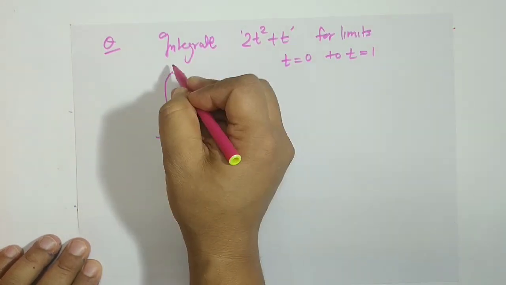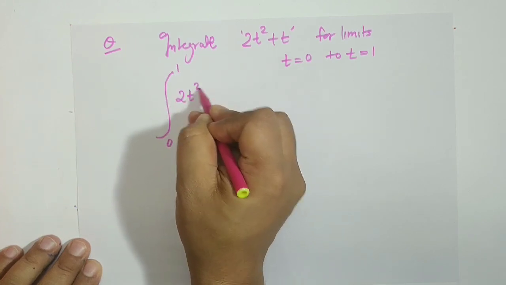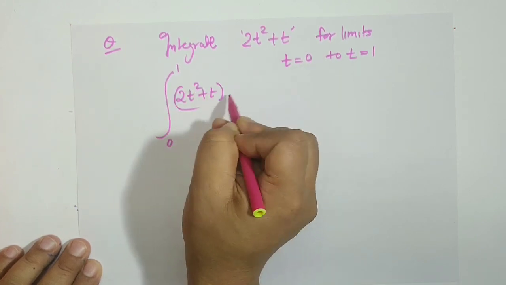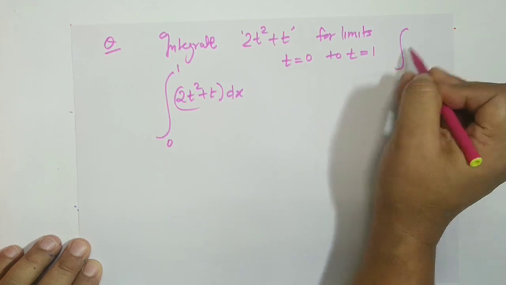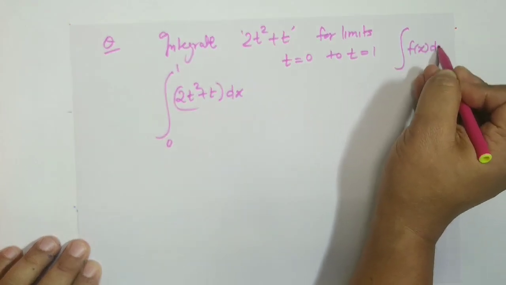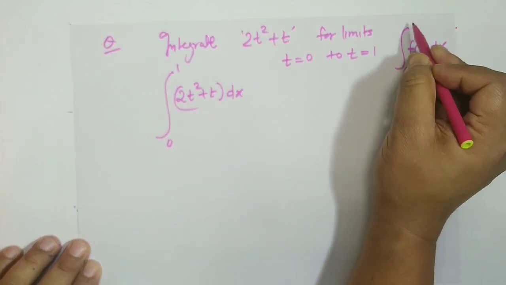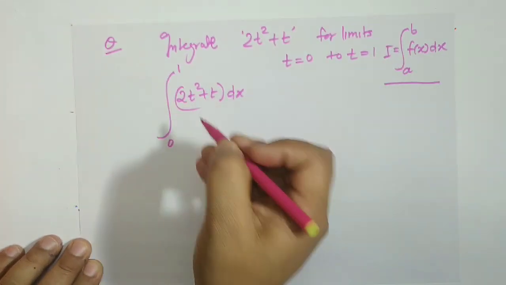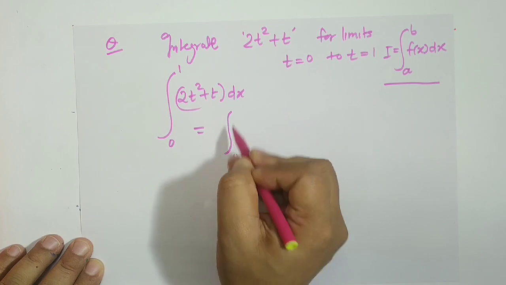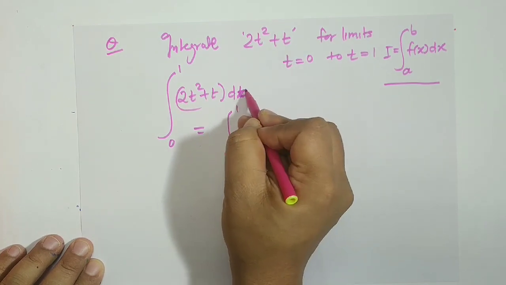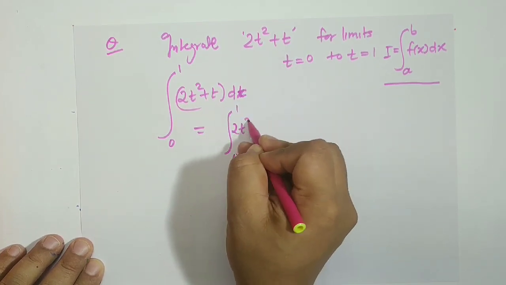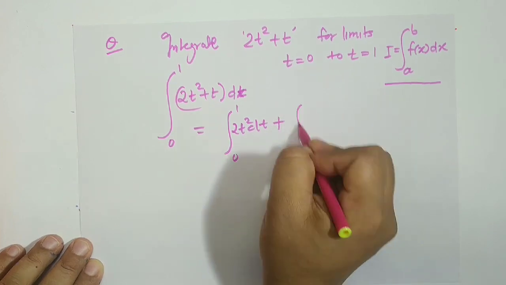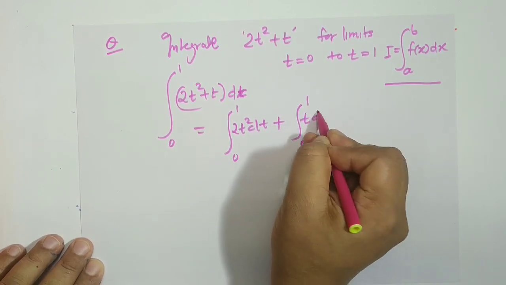We are going from 0 to 1. 2t square plus t is the function, into dt, because the function is written as f(x) dx. Remember, this is the way we write the integration function. So we can separate it: integral from 0 to 1 of 2t square dt plus integral from 0 to 1 of t dt.